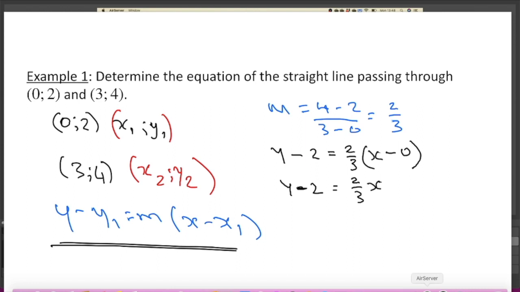Otherwise, that is your answer there. So if you want, move the minus 2 to the other side, so then this becomes y equals 2/3 of x plus 2, which is a very good form. You can leave your answer like that. But again, if you want to multiply both sides by that 3, you will get 3y minus 6 is equal to 2x. This is what you get if you don't want fractions in your answer.